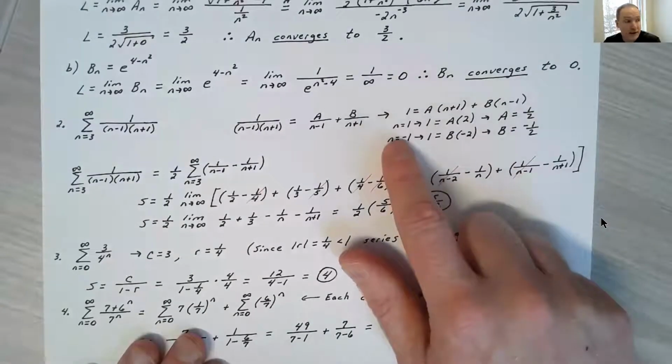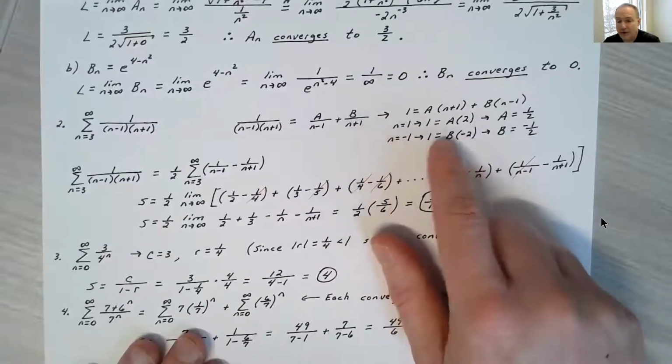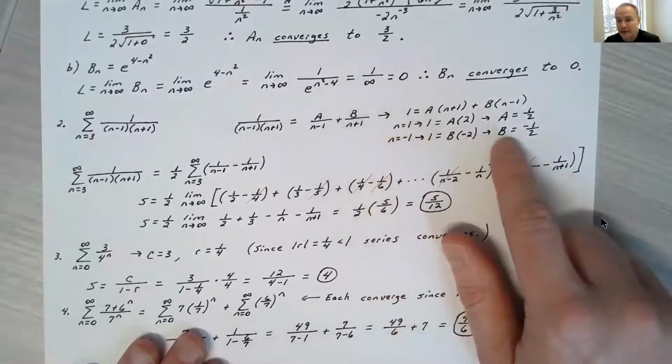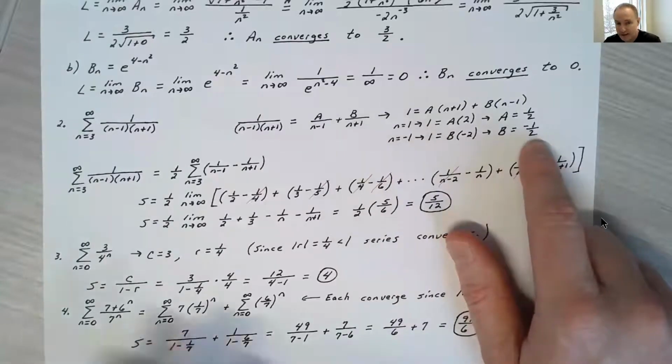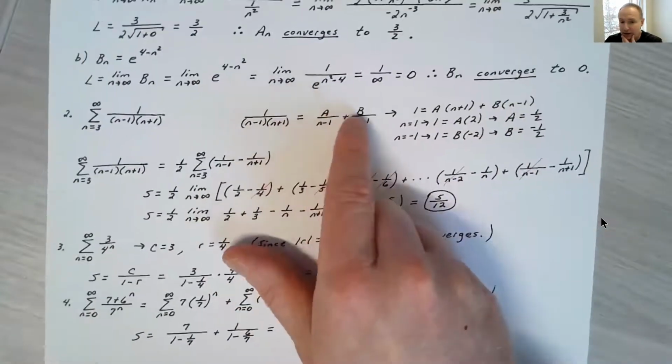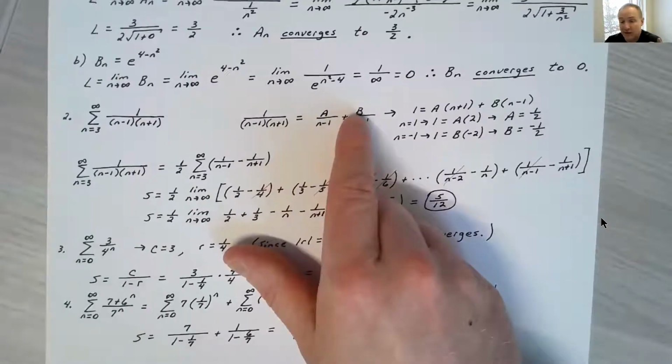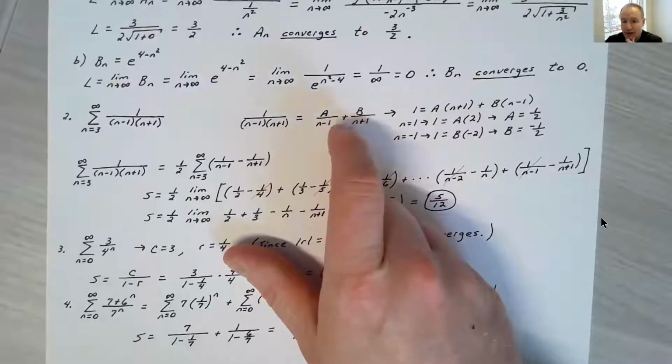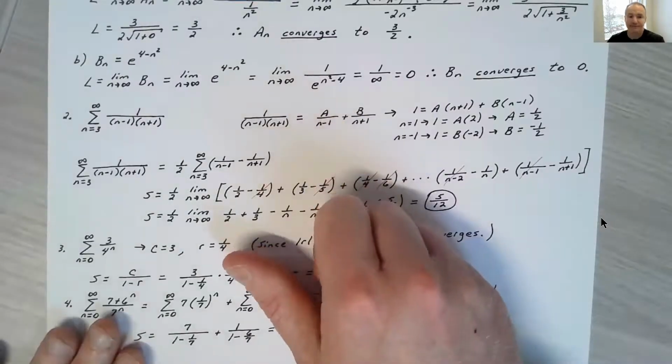If I allow n to equal -1, that results in the equation -2b is 1. Thus, b is -1/2. Now, if you put that 1/2 in for a and the -1/2 in for b, you see that this is the summation of 1/2 over n minus 1, and then plus a -1/2 over n plus 1.